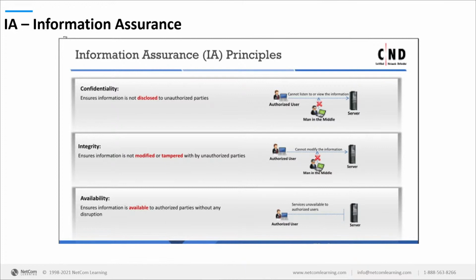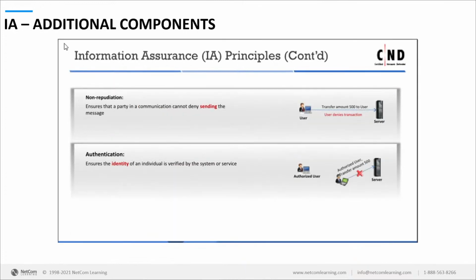Today, the CIA triad has had a couple new additions. Non-repudiation, which means that you can't deny you sent me the message, you can't deny that that message came from you. Authentication is just a way of assuring the identity of that user.